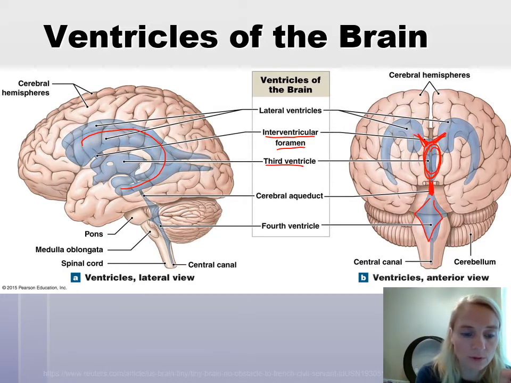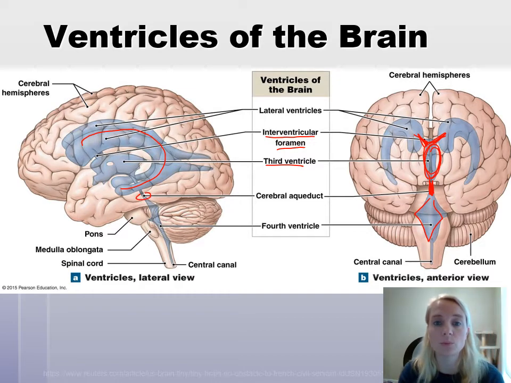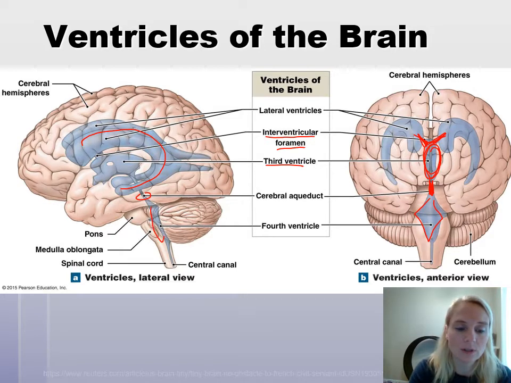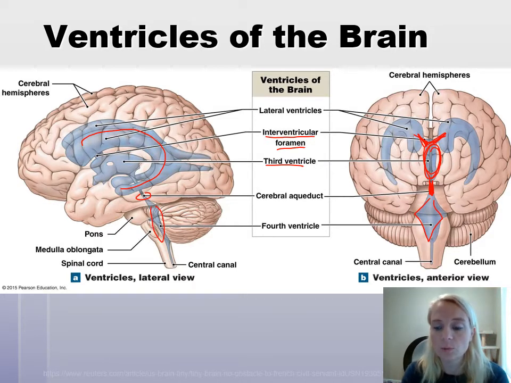Here's the fourth, so this little skinny connector is called the cerebral aqueduct. It also has some other names, so you might see it called the mesencephalic aqueduct, the aqueduct of Sylvius or something like that. Cerebral aqueduct is probably the easiest way to remember that structure. And then that leads down into this fourth ventricle here, which would be continuous with the central canal of the spinal cord. So you can see all of these open spaces are connected to each other.